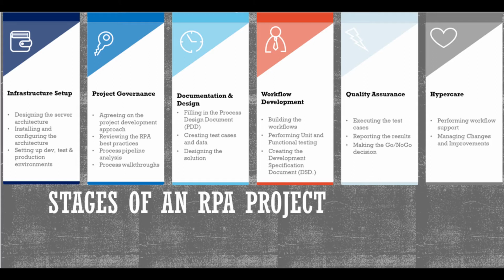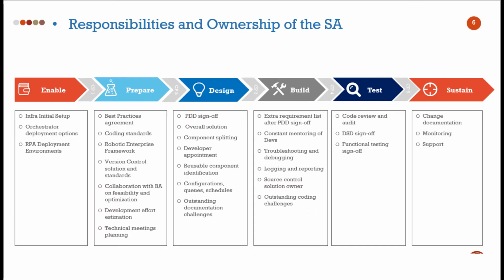All right, so in terms of what a solution architect actually does in these kinds of phases, let's discuss the exact activities that need to be done. In the enablement phase, I already told you that there is an initial infra setup.